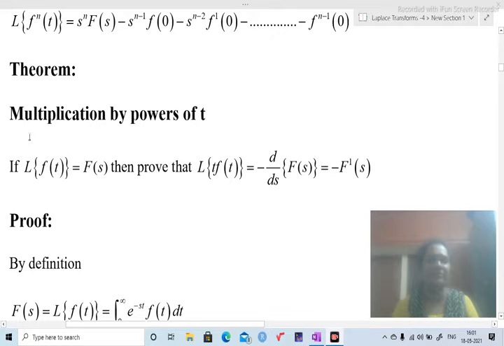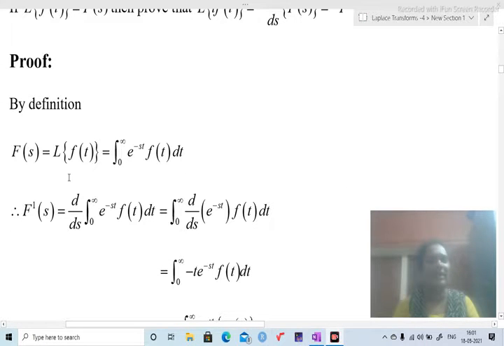Next theorem on multiplication by powers of t. If Laplace transform of f of t equals F of s, then prove that Laplace transform of t into f of t equals minus d by ds of F of s. This can be written as minus F dash of s.